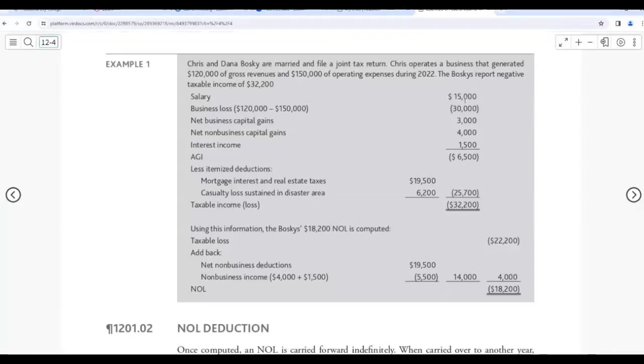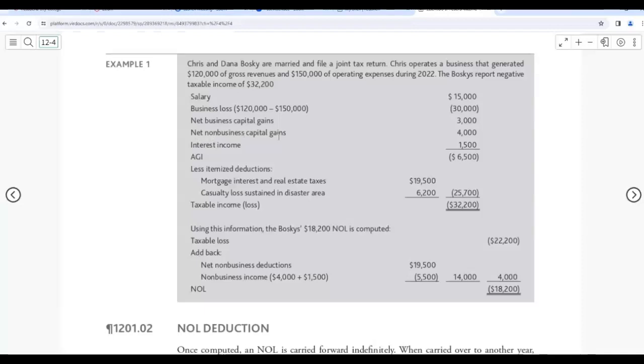Salary, W-2, or whatever it is, $15,000. Business loss, $30,000 loss, which is 150 minus 120. They have net business capital gains, which come from selling equipment of the business or something like that, $30,000.